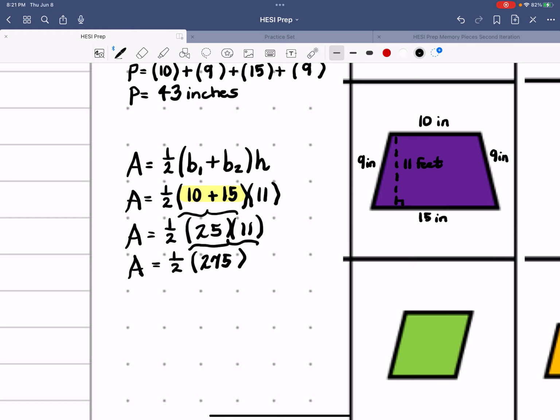Or you can say 275 divided by 2. That would be 137.5 square inches.